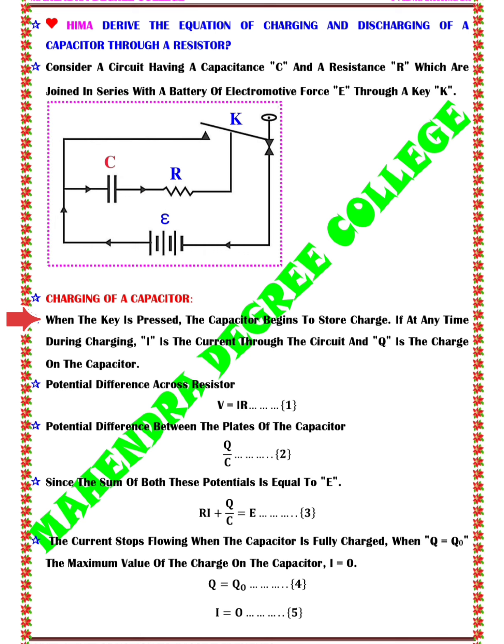When a voltage is applied across a capacitor, it begins to store electric charge. This process, known as charging, occurs gradually as charges accumulate on the capacitor's plate.